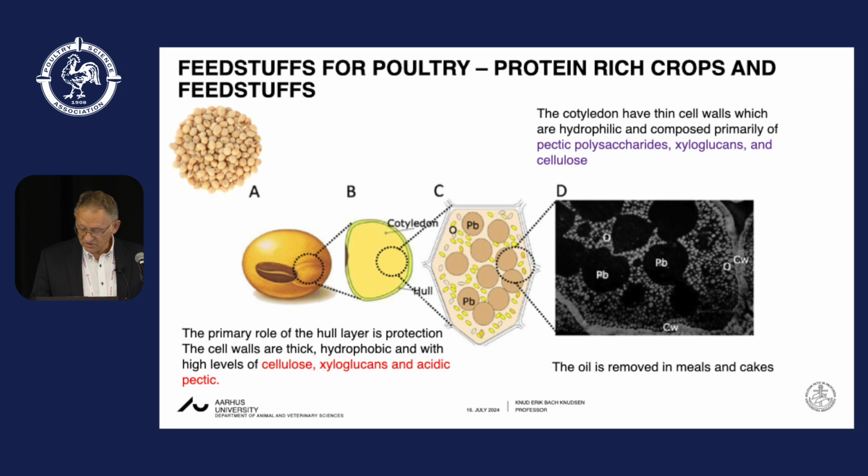One major difference is, however, if you take soy, that the hull layer that surrounds the soy is not lignified, in contrast to what you see with the cereal grains. But in addition, they will typically be extracted for the oil, which means that they are provided as feeds in the form of meals and cakes, which means that they have also been through a processing step.